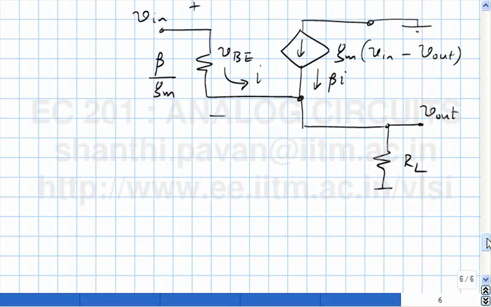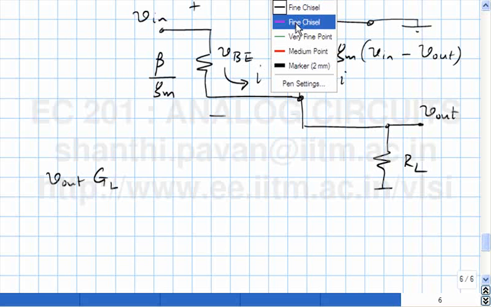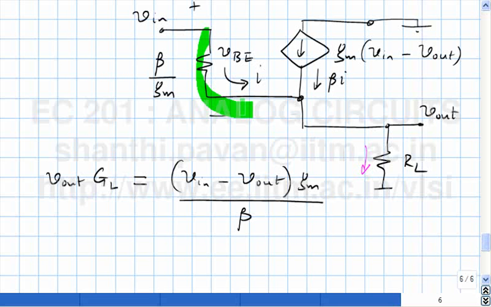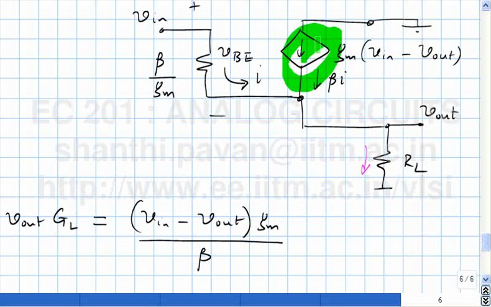Right, Kirchhoff's law at that node. So what is Kirchhoff's current law here? V out times GL, which is 1 over RL. That's the current flowing in this direction. Must be equal to (V in minus V out) times Gm by beta, which is this current here. What is this current?